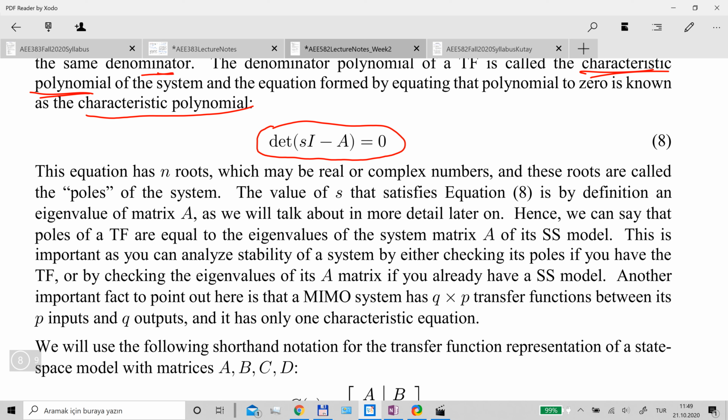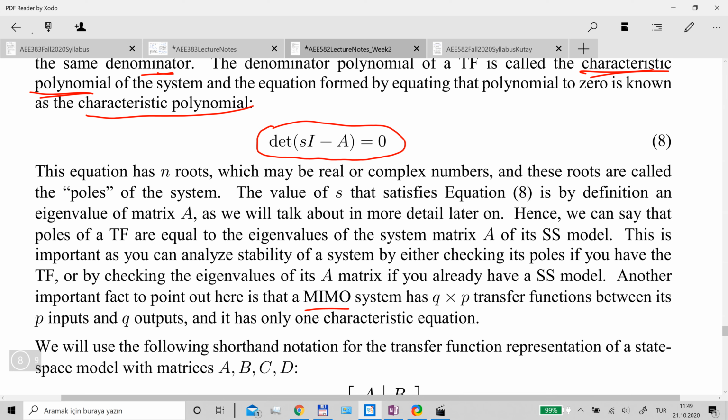And every transfer function in the matrix may have different numerator polynomials, but the denominator polynomial is the same for every one of the transfer functions in the transfer function matrix, which means for a MIMO system with dimensions Q and P, there are different numerators, but there's only one characteristic equation for a multi-input, multi-output system. And that equation is given by that.